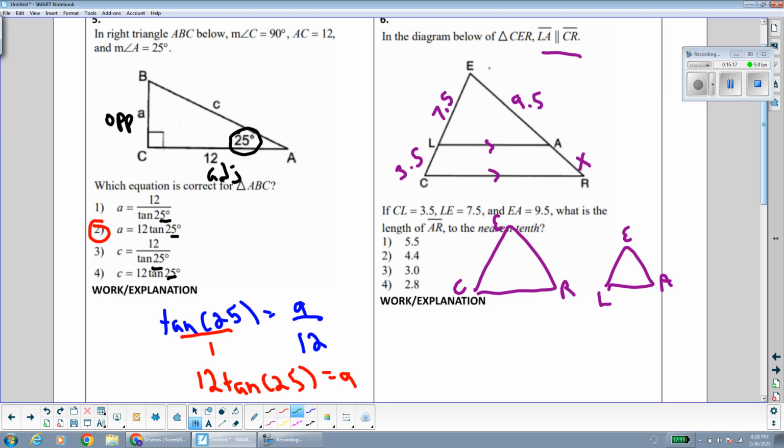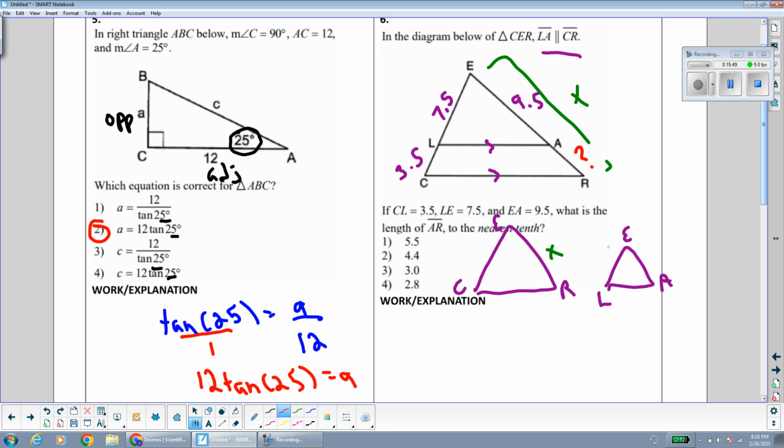I'm going to find ER to be X. Once I find ER, I can subtract 9.5 to get AR because the triangles are similar. By the triangle proportionality theorem, whenever you have a line in a triangle parallel to the base, it creates similar triangles. That's why they told us that these are parallel, so we would know that.